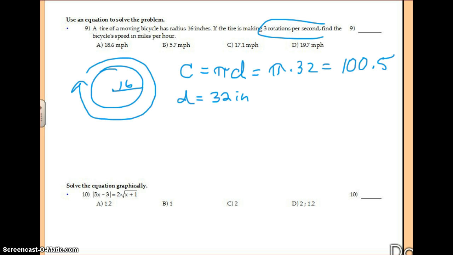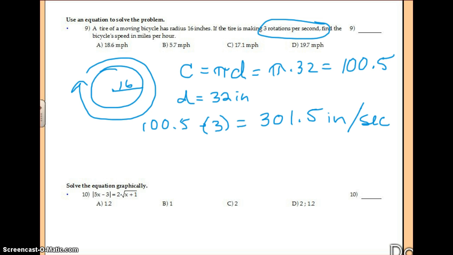It says that it goes 3 in 1 second. So if I take the circumference times 3, that'll be the distance that the tire rotates in 1 second. 100.5 times 3 would be 301.5 inches. And that's inches in 1 second, so inches per second.